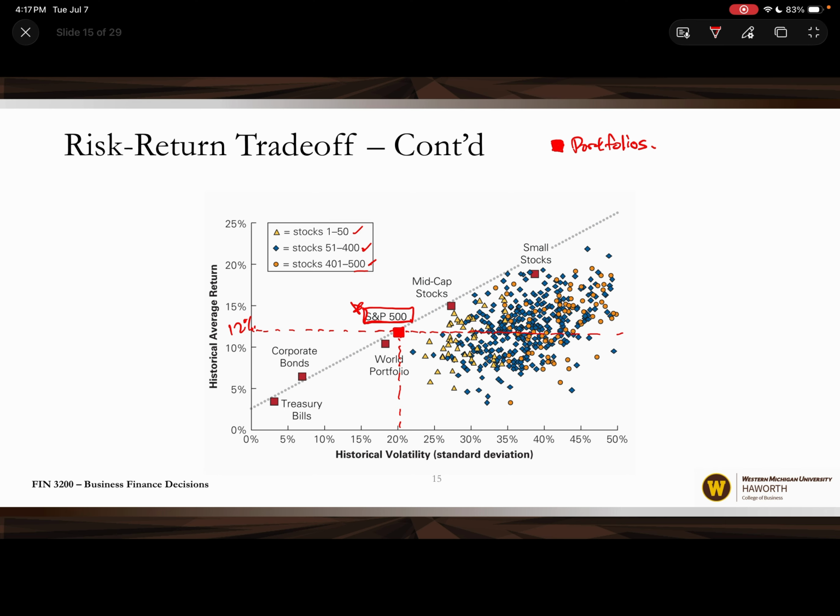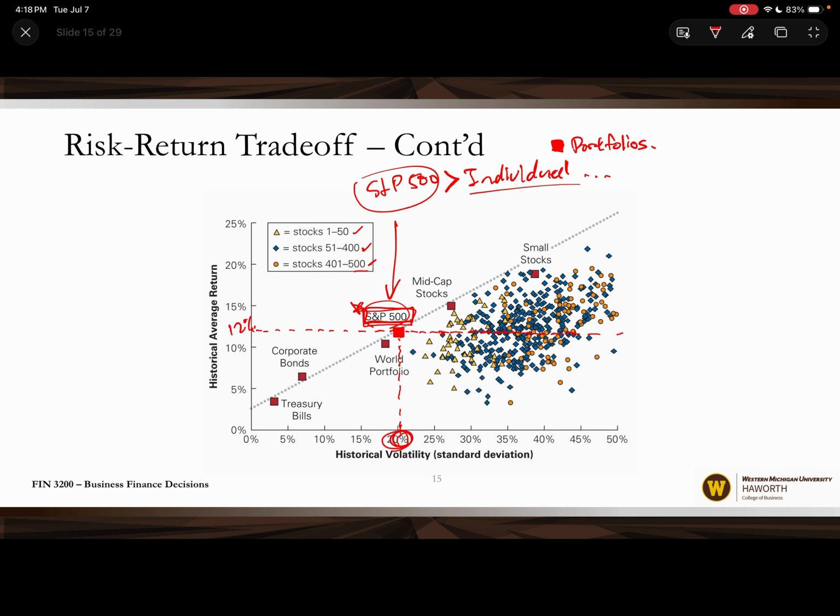So there are a bunch of stocks with a historical average return of 12%, right? One right here, one right here, here, and so on, okay? But they all have a volatility greater than 20%, okay? So it's showing you that S&P 500 portfolio is superior compared to any individual stock that forms that portfolio. Okay, so these are components in the S&P 500 index, but its portfolio is superior compared to all of the individual stocks.